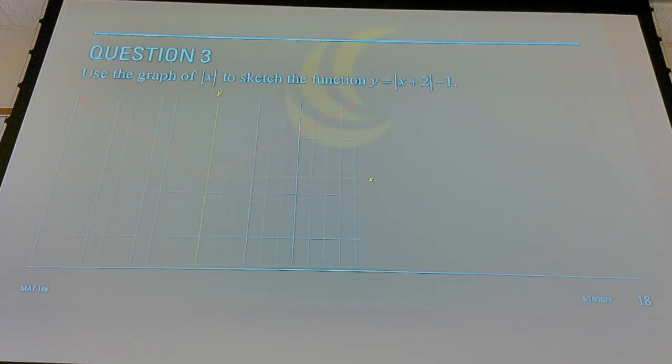Left 2, down 1. Sure? Not sure. Left 1. Well, I'm sure it's positive.